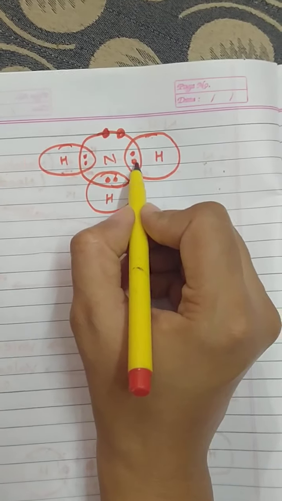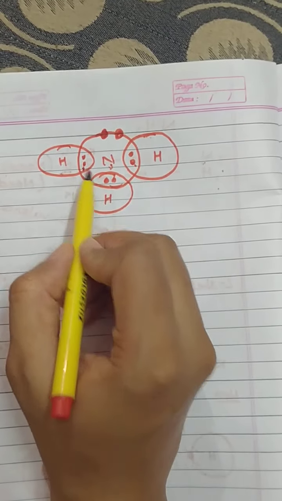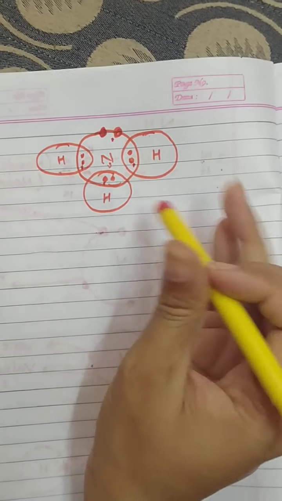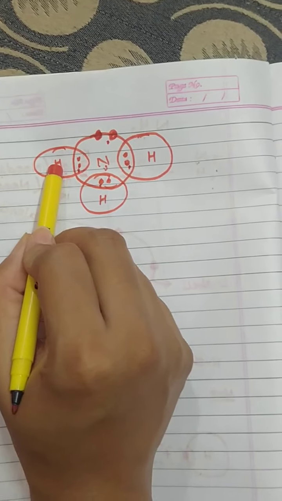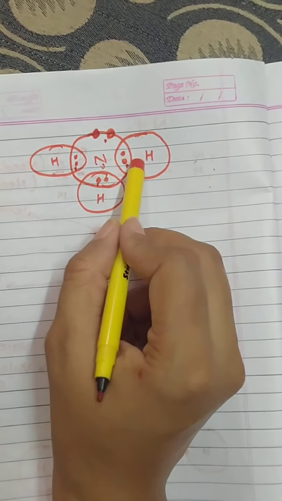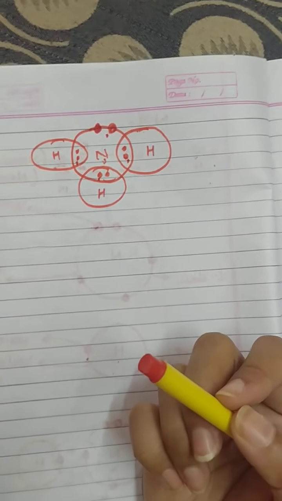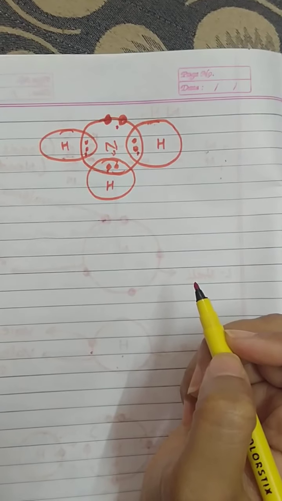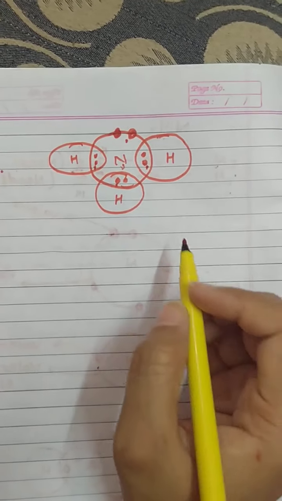Now here you can see that nitrogen is having 2 plus 2 plus 2 plus 2, that means 8 electrons. So the octet of the nitrogen is completed. Each of the hydrogen is containing 2 electrons, right? The ones which are shared in between. Each hydrogen atom is containing 2 electrons, therefore the duplet of hydrogen is also complete. So this molecule is a stable molecule.